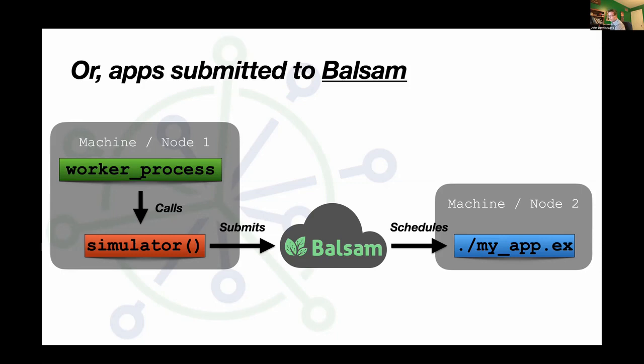So perhaps, I'm just thinking out loud here, you could set up a Balsam or a libEnsemble job to use one node on Summit, for example, and then you can request that Balsam check out additional resources on that machine, and then Balsam will submit apps from libEnsemble to those additional resources.